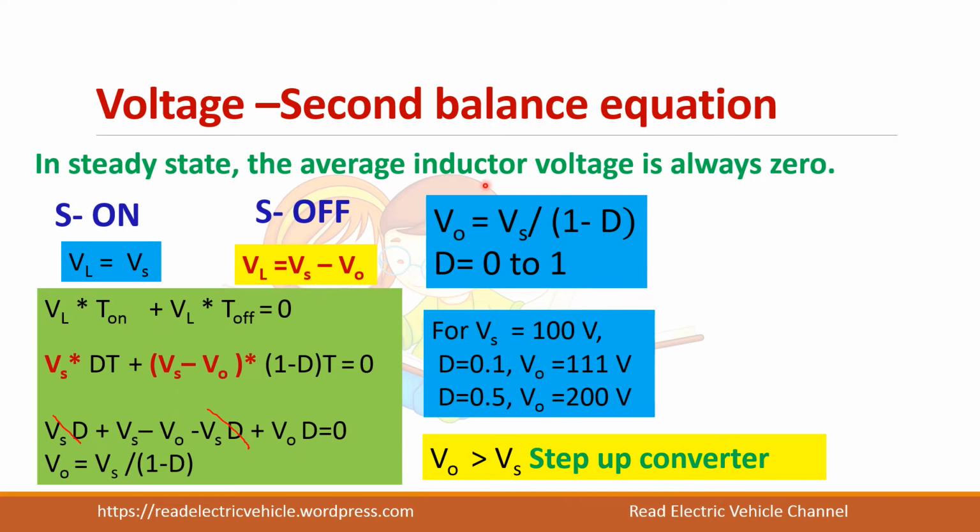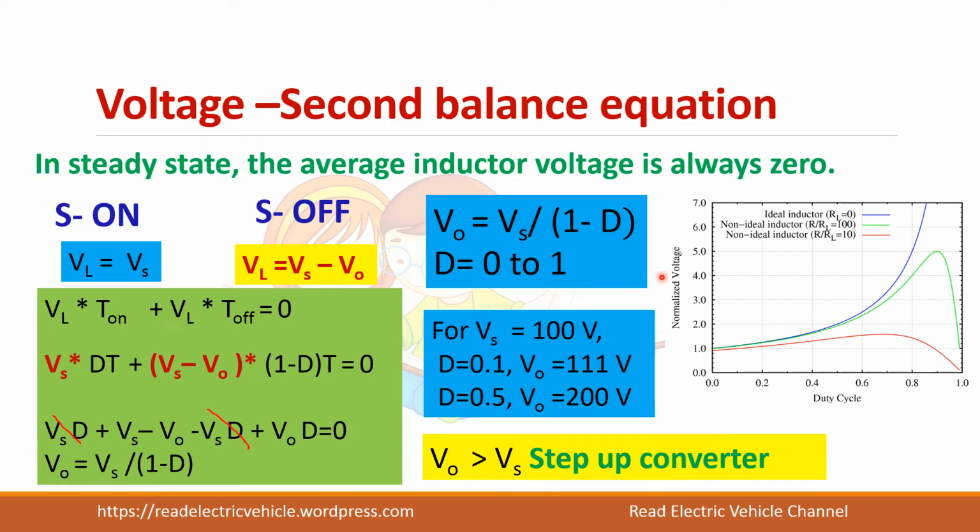So because of that there will be losses and you cannot boost up the voltage beyond a limit. So this boost converter will work for lower duty cycle, whereas at higher duty cycles its performance decreases.